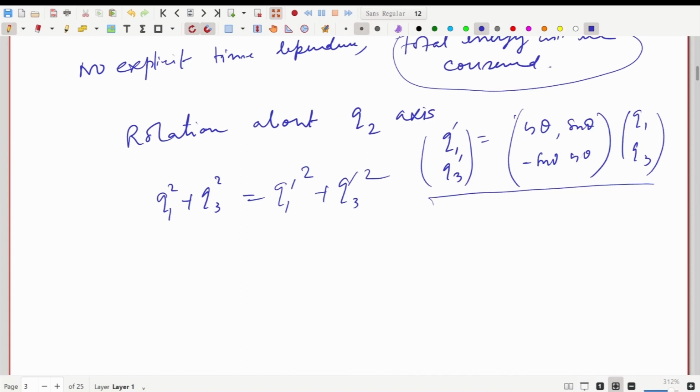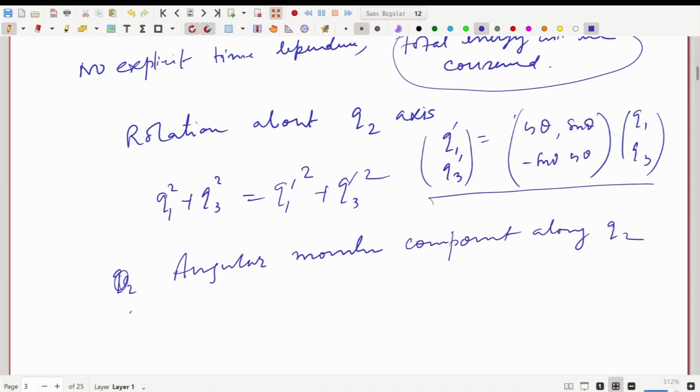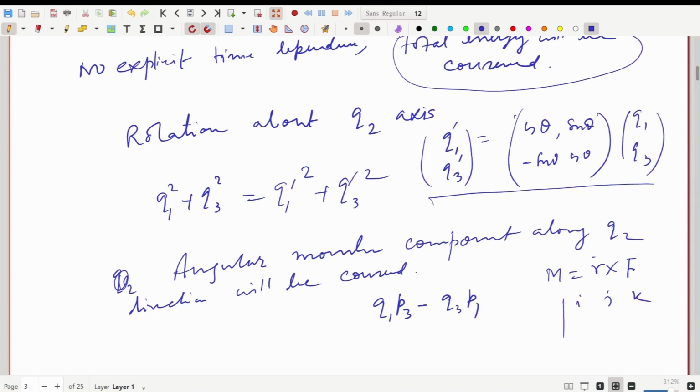So the angular momentum component along the q2 direction will be conserved, and you can write that as q1 p3 minus q3 p1, because if you write L equal to r cross p, then you will have i, j, k and r cross p.